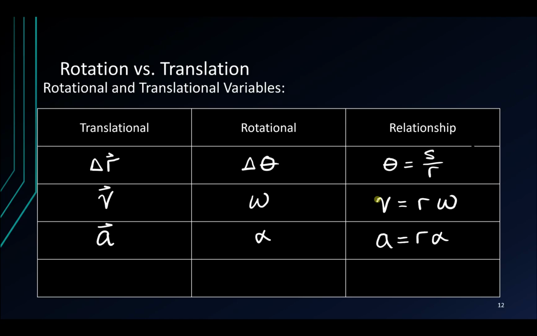But what about acceleration? Well, thankfully, it follows the same pattern. The relationship between linear acceleration and angular acceleration is just proportional to the radius of the object. Then we're going to have a new type of acceleration to talk about, and this is going to be centripetal acceleration. And there will be a relationship between centripetal acceleration and the linear velocity of this object.